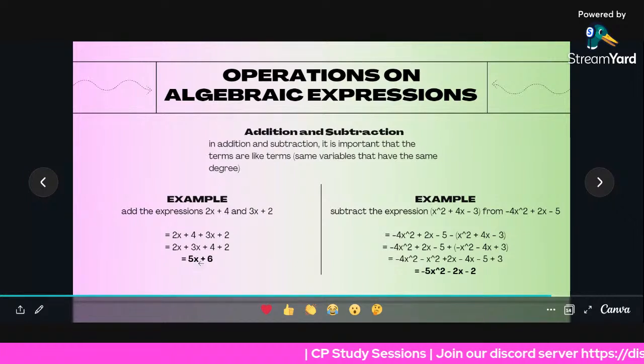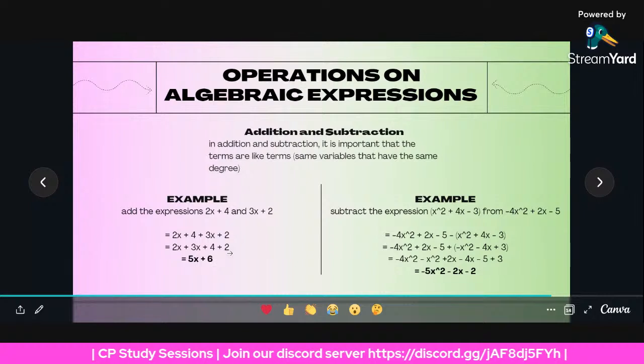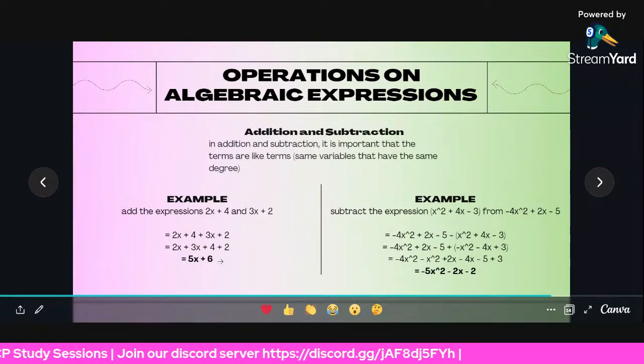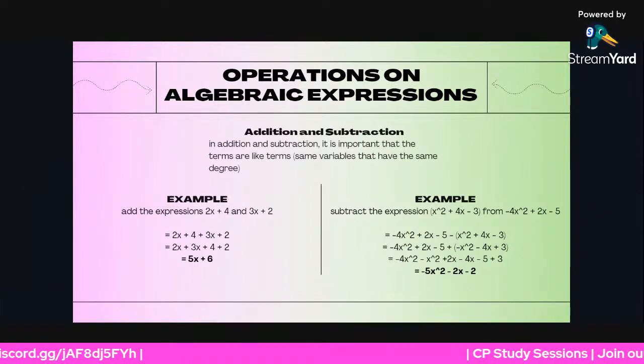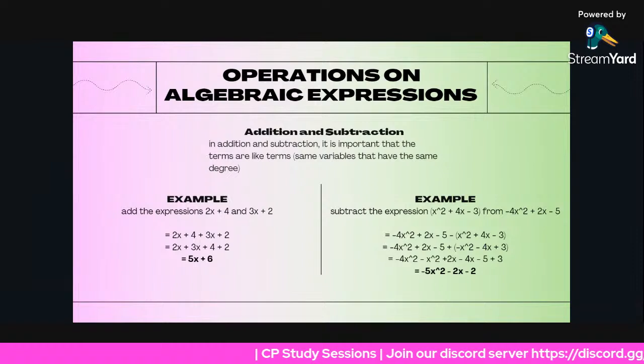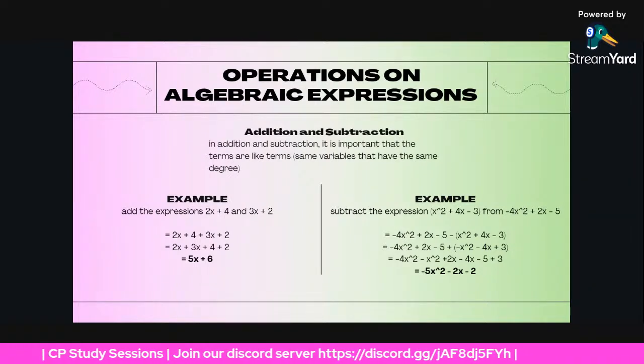Then, after nun, ipagkakombine natin yung dalawang constant, which is 4 and 2, which is equal to 6. So, if you add the expressions quantity 2x plus 4 and quantity 3x plus 2, you get a sum of 5x plus 6.